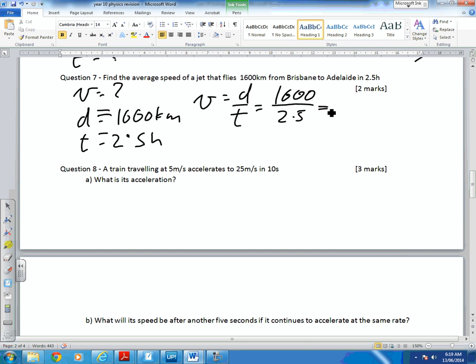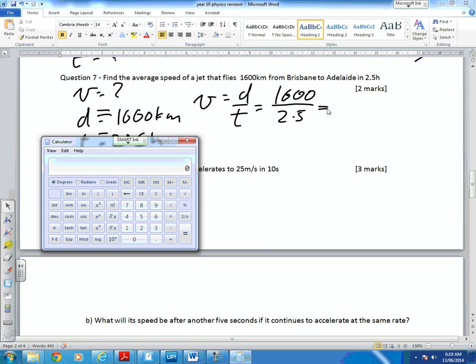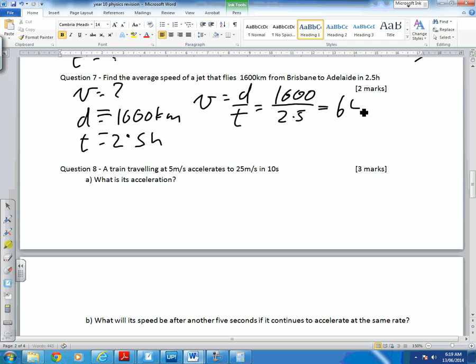Don't forget to bring your calculator into the exam because you'll need it. So 1600 divided by 2.5, if I just quickly load up my calculator, that gives me 640 kilometres per hour.